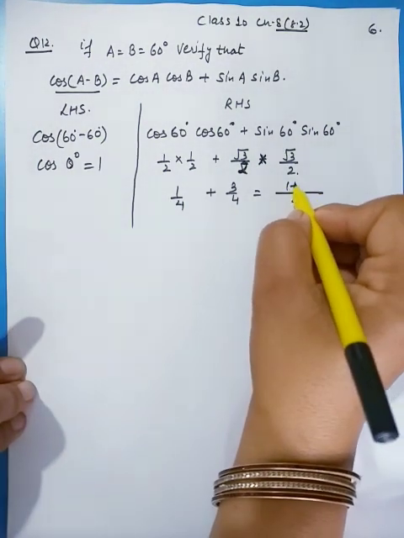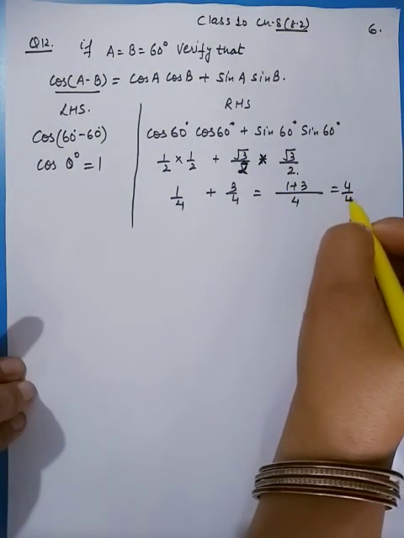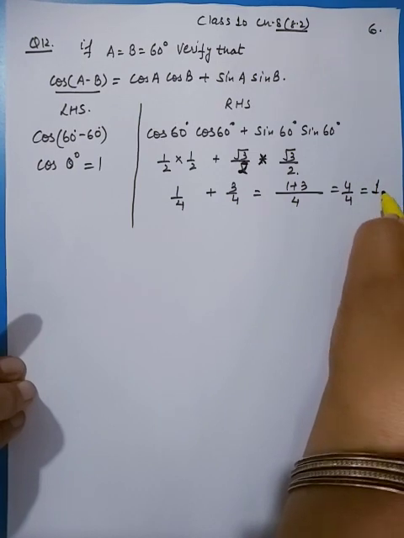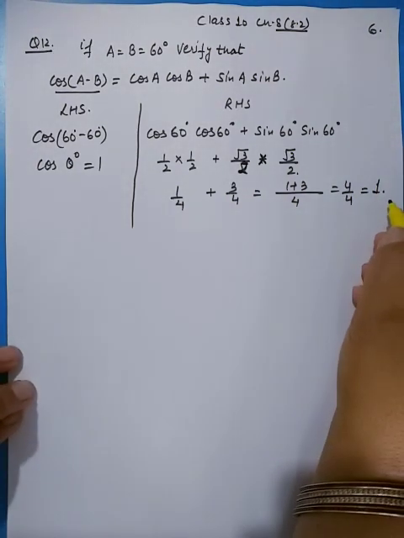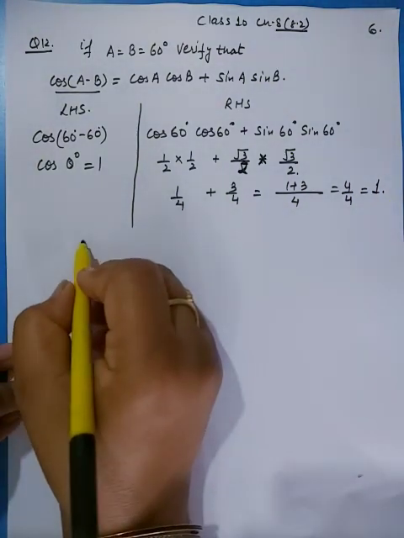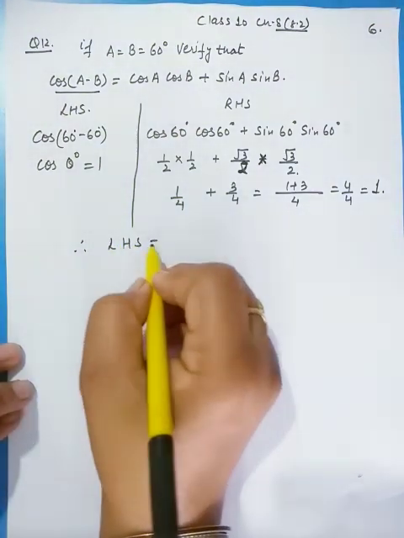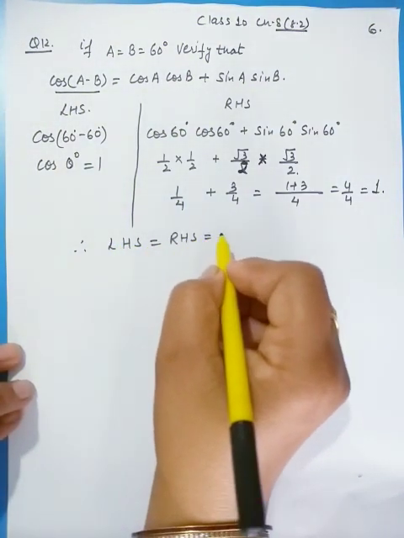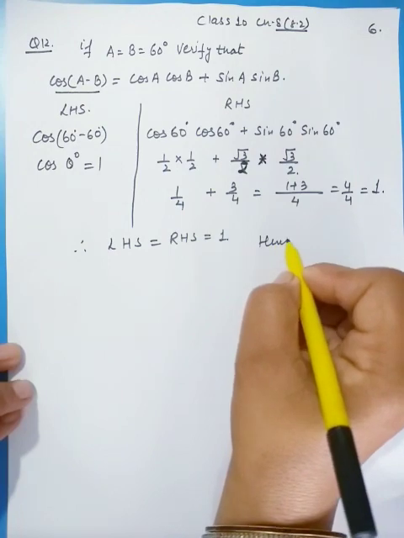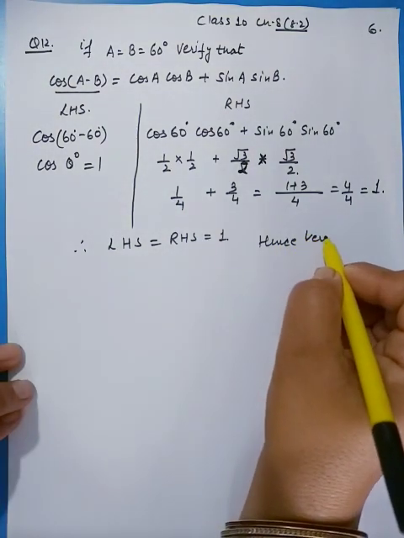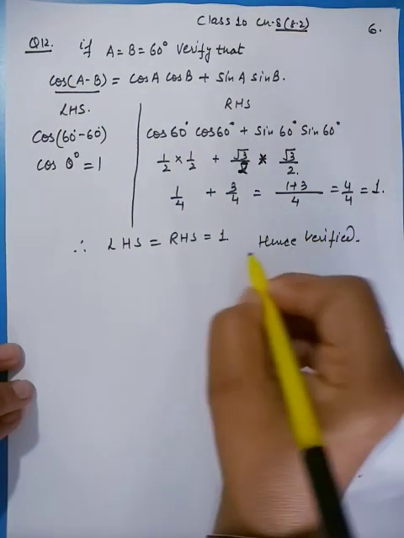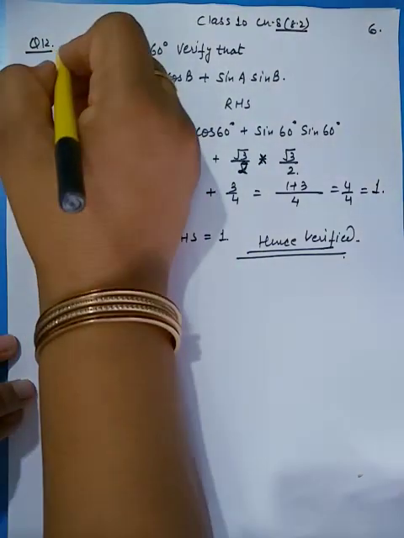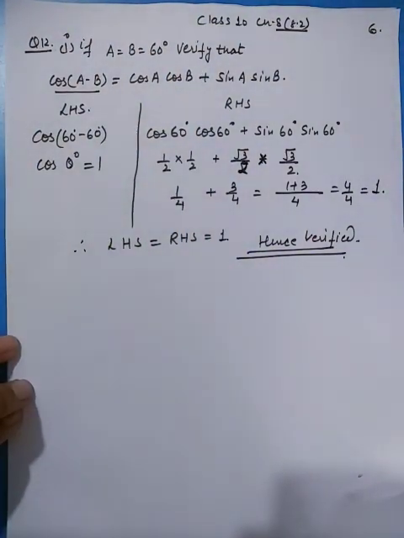After taking the LCM, we will get the value. This side is also 1. So left hand side is equal to right hand side and the value is 1. Therefore, it is verified. Similarly, we can try second part of this question.